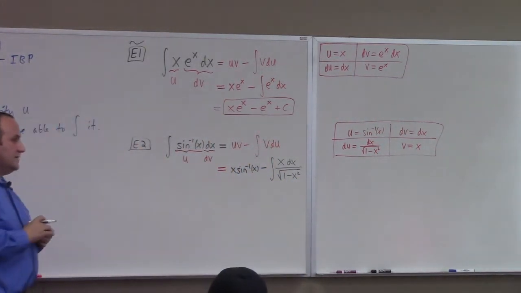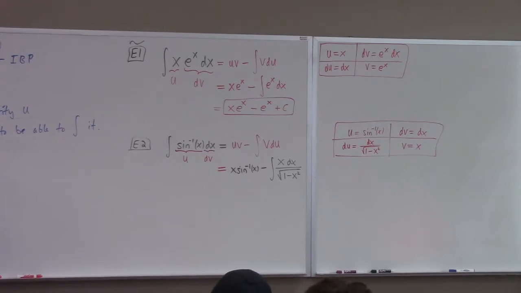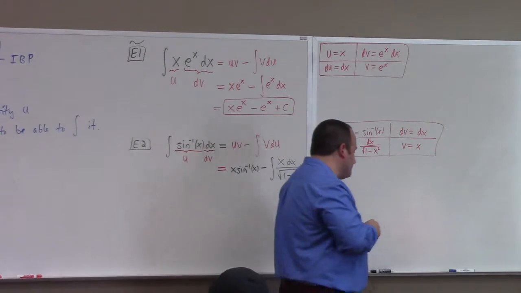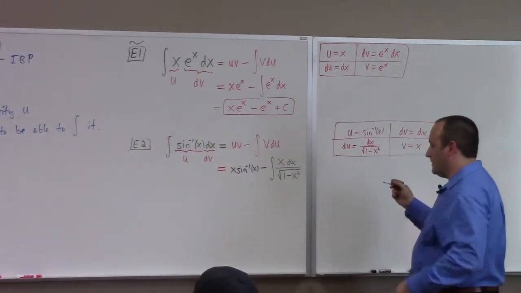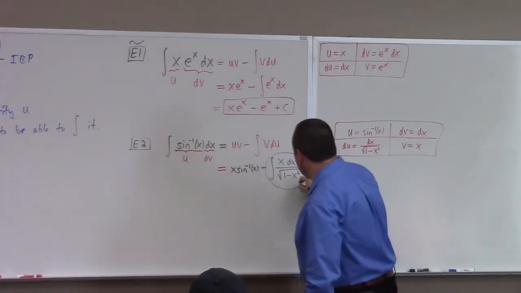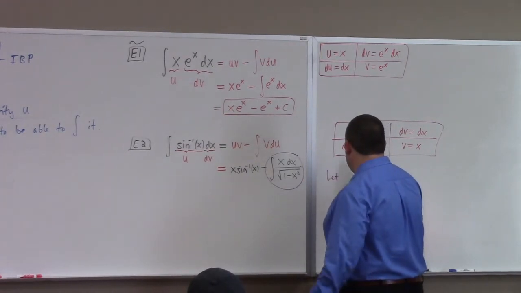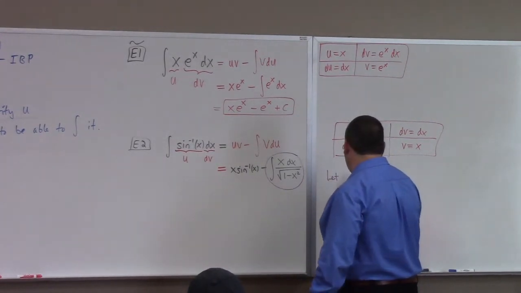Aha! You're like, but that's still a not so nice integral. But you should look harder at it. What is that integral? How can we do this one? Since it's the second u substitution, it will be the w.